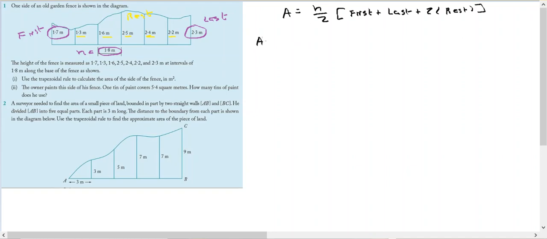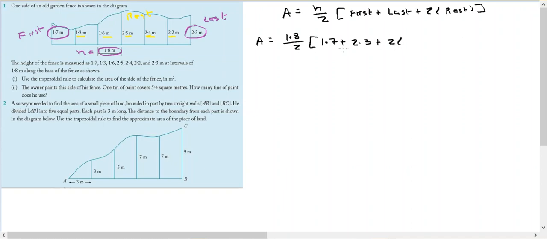So area is going to be equal to h, which is 1.8 meters, divided by 2. Then it's bracket, the first, which is 1.7, plus the last, which is 2.3, and plus 2 times the rest.